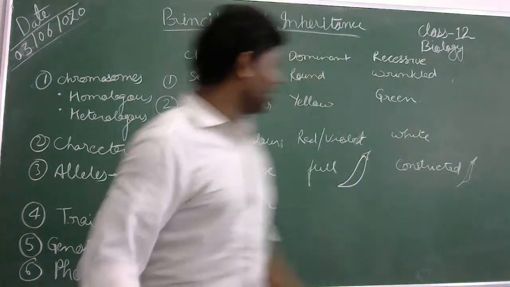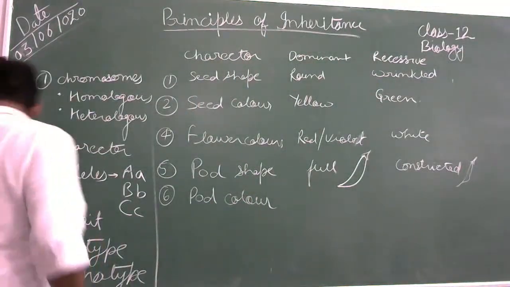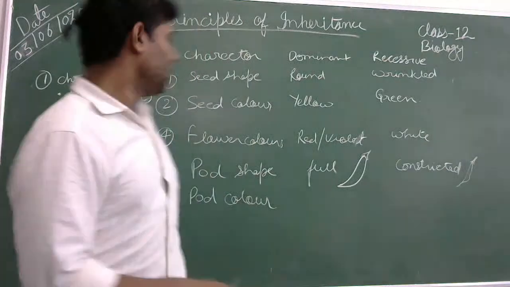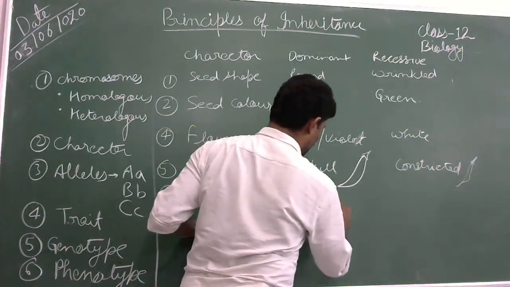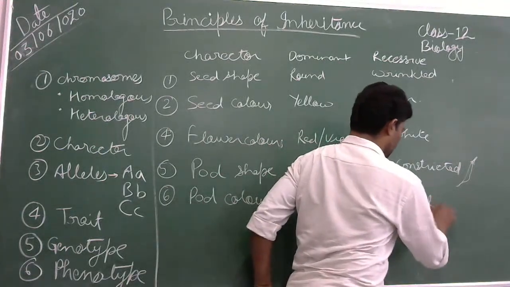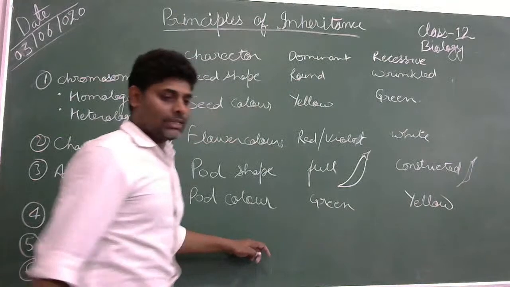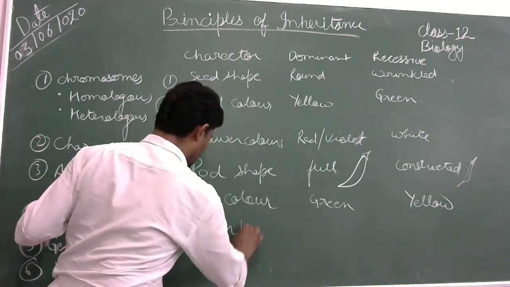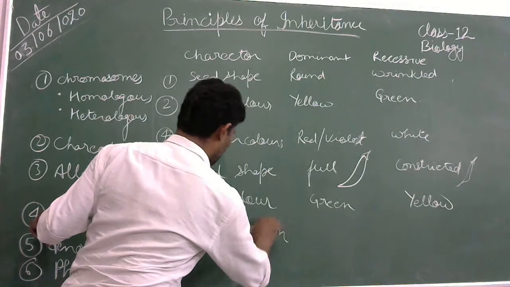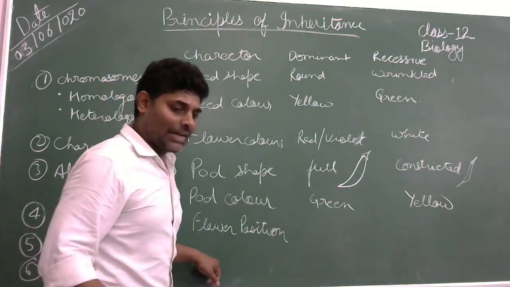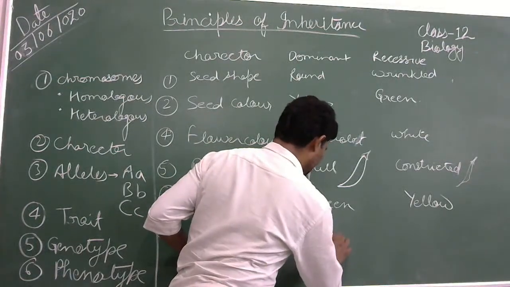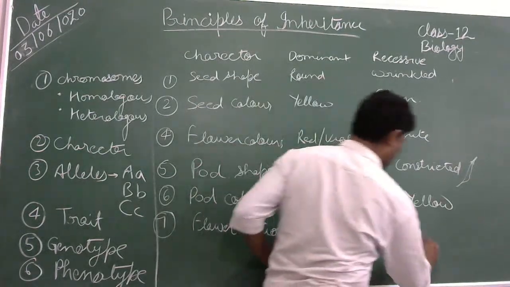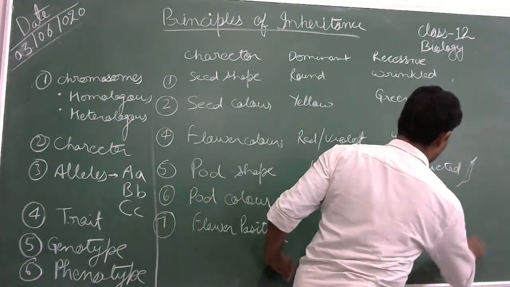Again, it is green and yellow. The last character is flower position, that is axial or terminal.